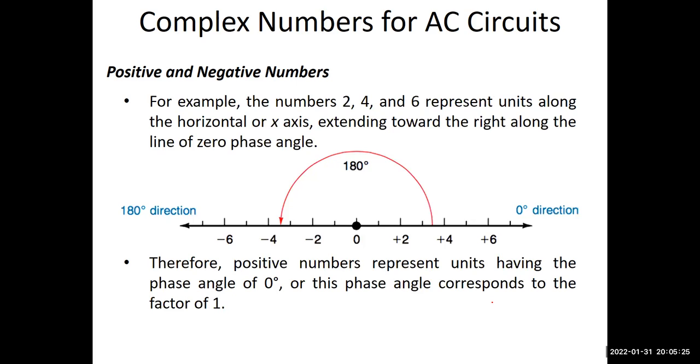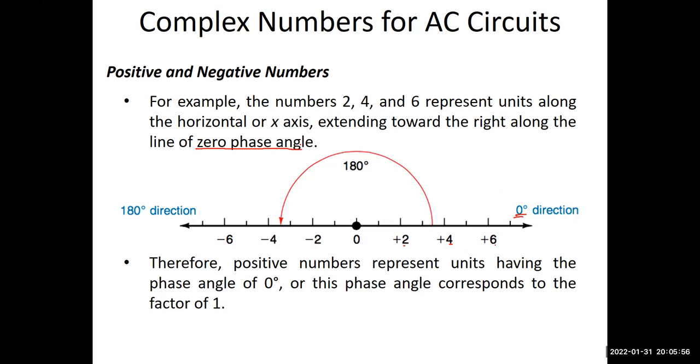Okay. So for example, the numbers 2, 4, 6 represent units along the horizontal x-axis, extending toward the right along the line of 0 phase angle. So if the units are on the x-axis and going to the right, our phase angle would be equal to 0.